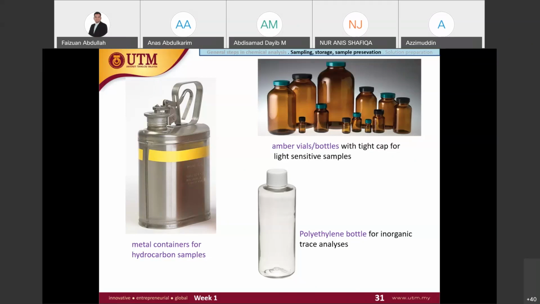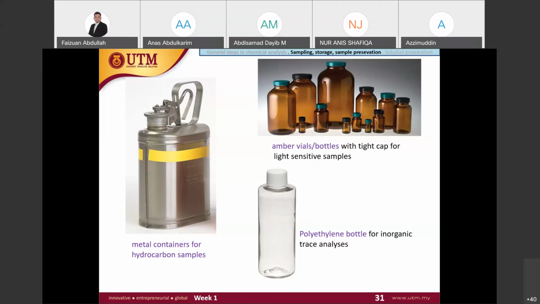What else? All these are inorganic trace analytes. Okay. So for this type of sample, we only can put it into the polyethylene bottle, this plastic bottle, because it cannot react with the plastic bottle.